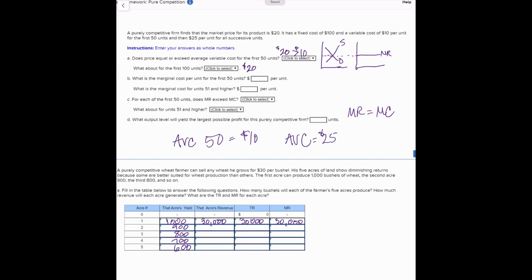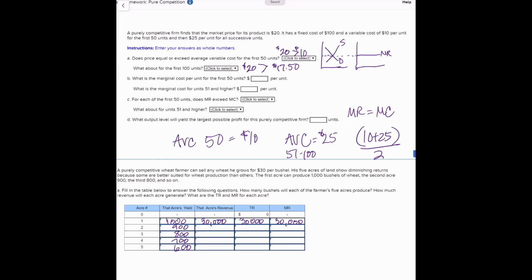That's units 51 through 100. If we put those together, we take the average of 10 plus 25 divided by 2, and we get $17.50 a unit. So the answer here is yes, because $20 is still more than the average of those two portions of production.